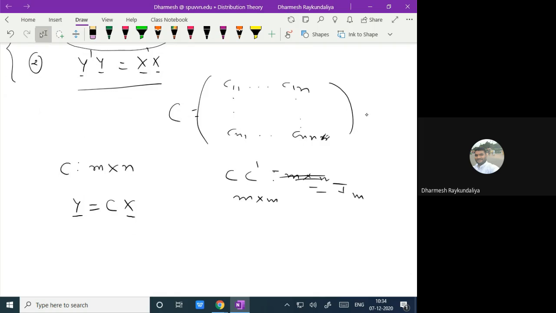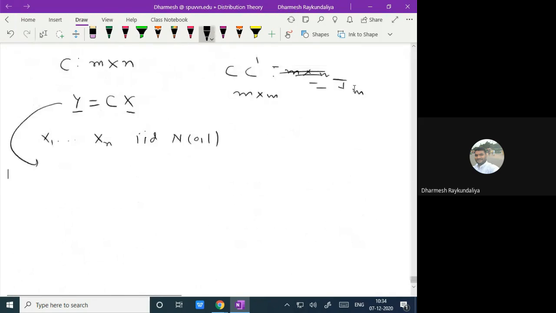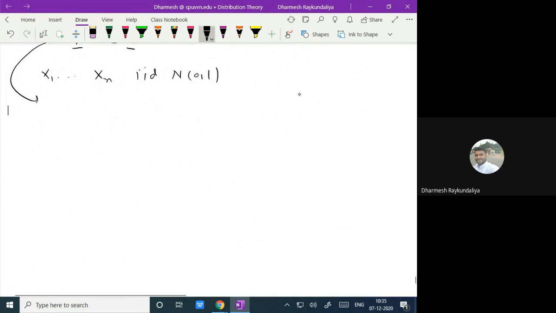That means x1, x2, ..., xn are IID normal 0, 1, then if C is a rectangular orthogonal matrix, the property is y1, y2, ..., ym, because we are transforming m variables, are IID normal 0, 1.